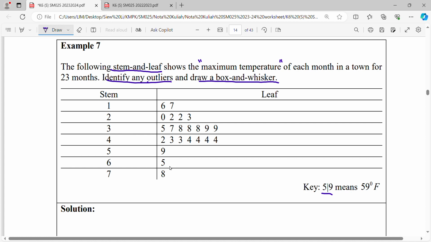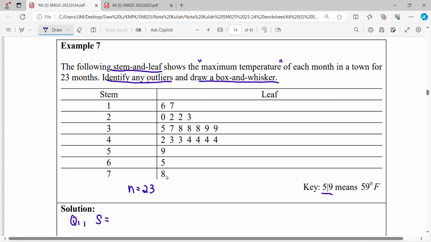What is your first quartile? For the first quartile, we are going to calculate the position first. How many data are here? 1, 2, 3, 4, 5, 6, 7, 8, 9, 10, 11, 12, 13, 14, 15, 16, 17, 18, 19, 20, 21, 22, 23. We have 23 data here.